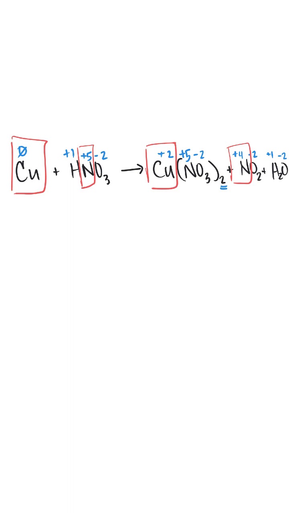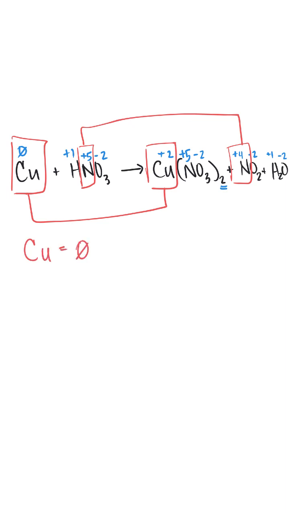All right, so we are going to compare copper to itself, and we're going to compare nitrogen to itself. So for copper, it went from 0 to +2, and nitrogen went from +5 to +4. All right, so this is where we get our oil rig again. So oil rig, or Leo the lion.